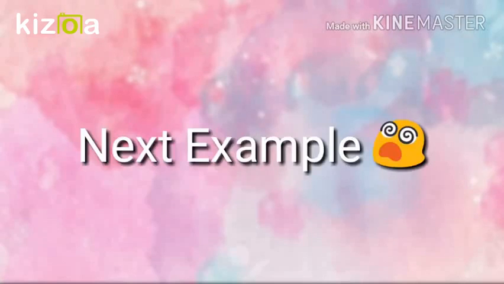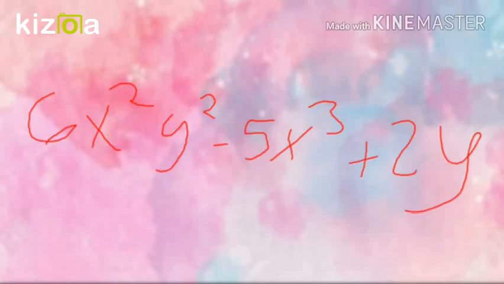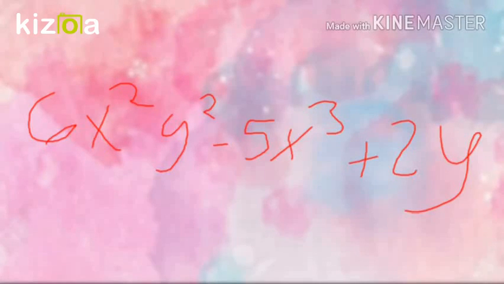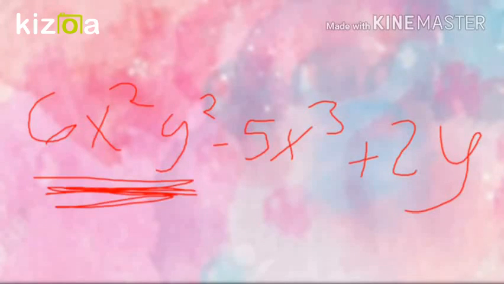The next example is 6x squared y squared minus 5x cubed plus 2y. Now, let's look if the sum of the exponents of the variables is greater than in the other terms. So let's take the first term, x squared y squared.